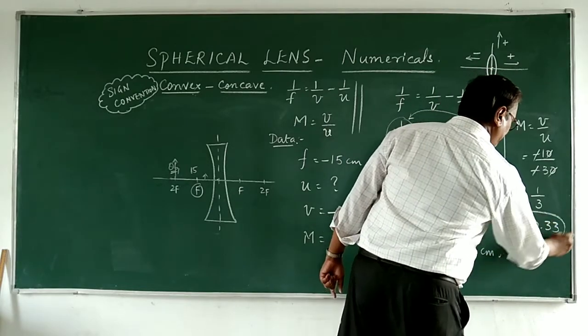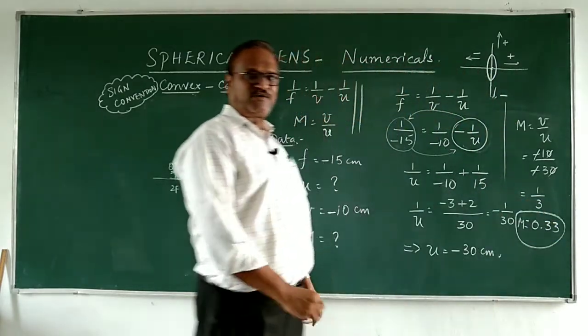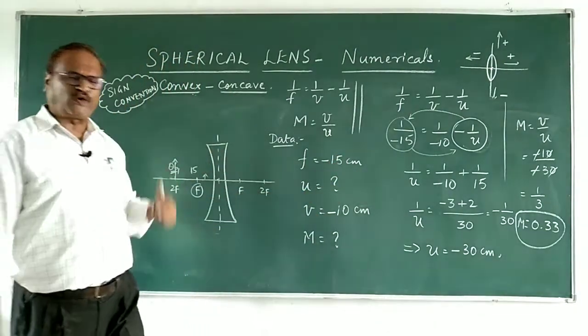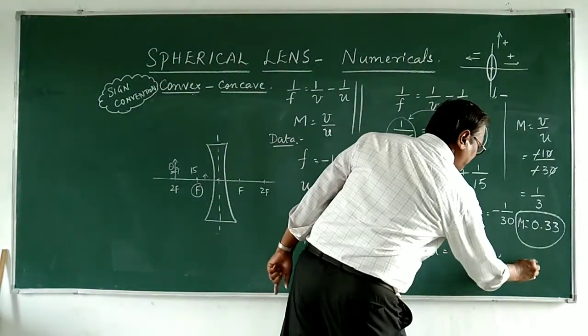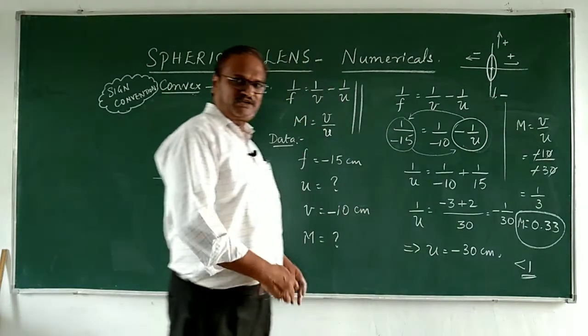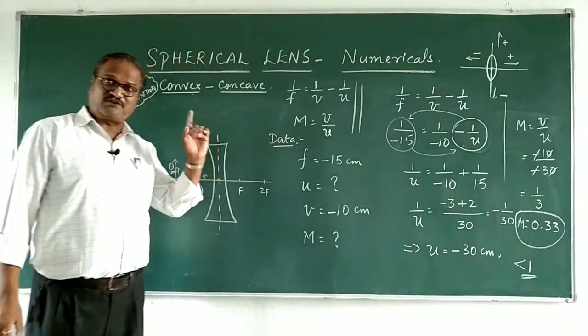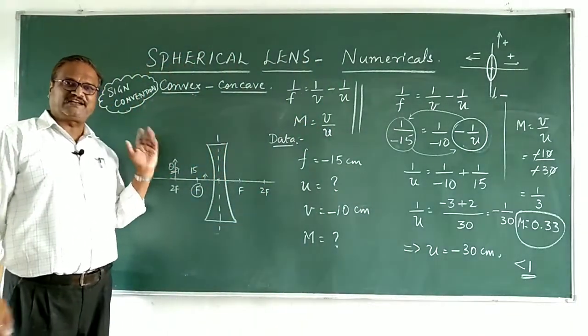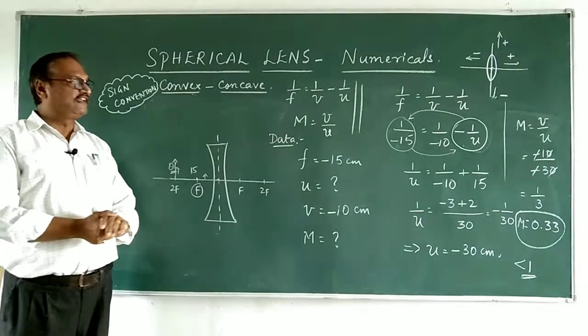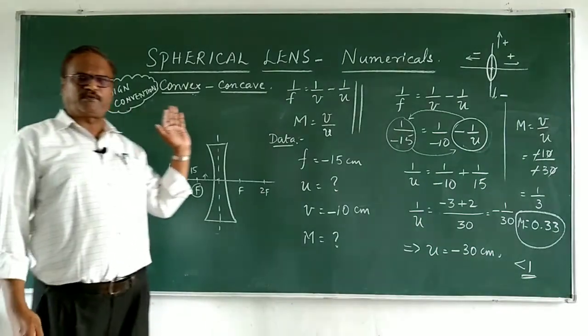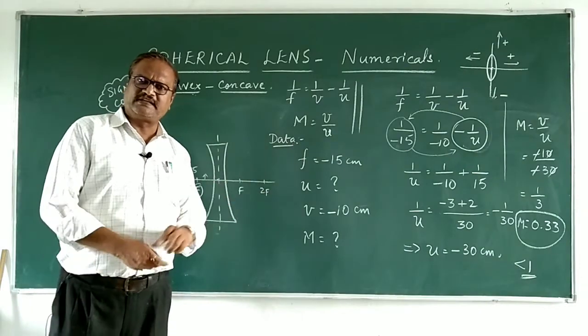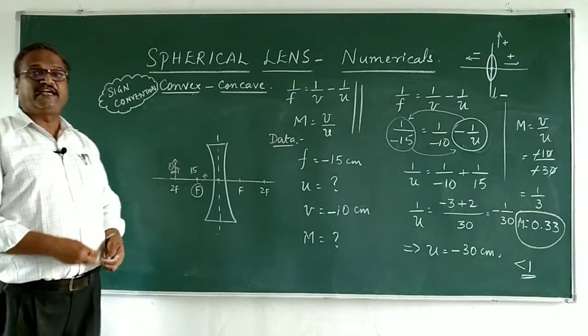This is the magnification. Now you see the magnification is less than 1. So that means it is diminished. Image is diminished, positive, erect image, and it is falling in the left hand side. So it is virtual. So with this you have covered all the points on it, and you remember this, and you will be able to do any problem.